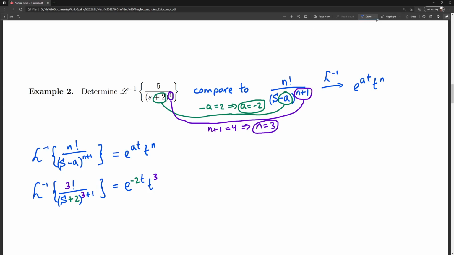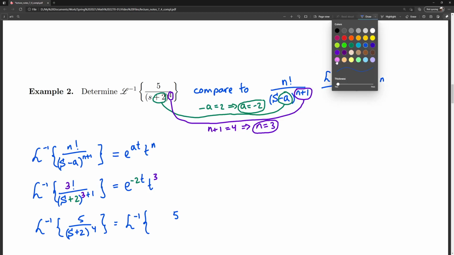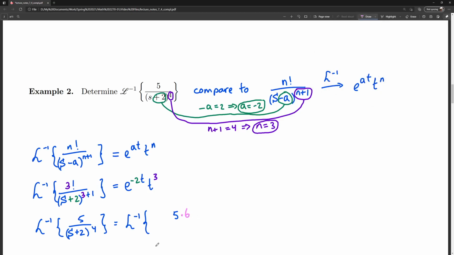So when we have to find the Laplace inverse of 5 over s plus 2 to the power 4, I'm going to write that as the Laplace inverse of, and I'm going to just multiply this by 6. So I'm going to take my 5, and I want a 6 there. So I'm just going to multiply that by 6, and then I'm going to divide by 6.